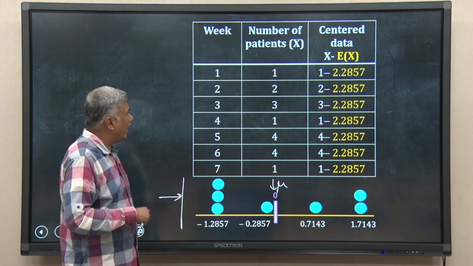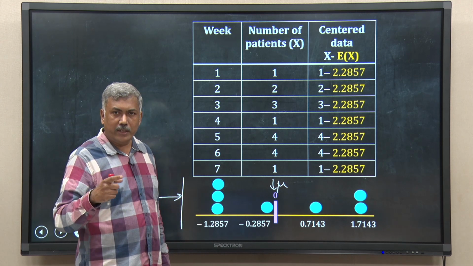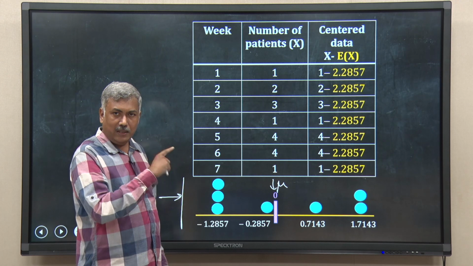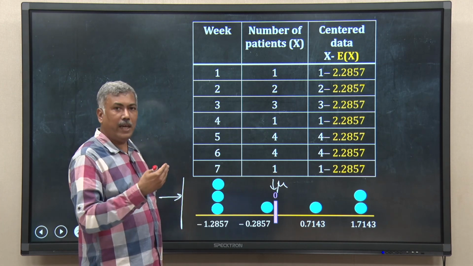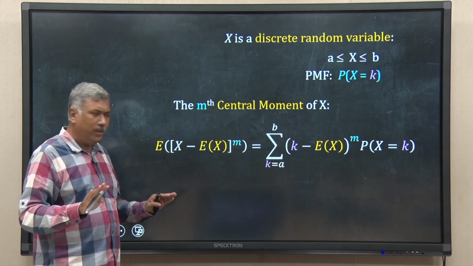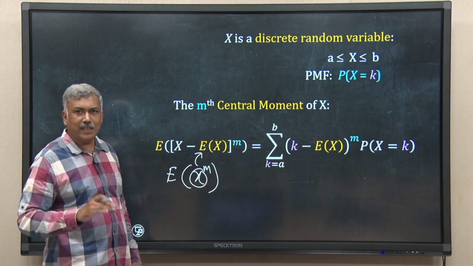So, what we will do now? We will calculate the moments. We learned the idea of moments. So, we will calculate the moments on this centered data, not on x. We will apply the concept of moments on x minus E of x. How will it look? Everything will remain the same. In the earlier case, I was writing E of x to the power m. Now, I do not have x, I have x minus E of x, because that is the centered data.